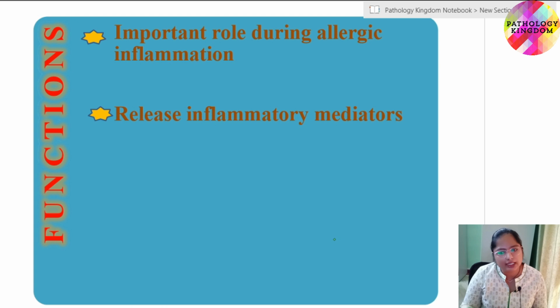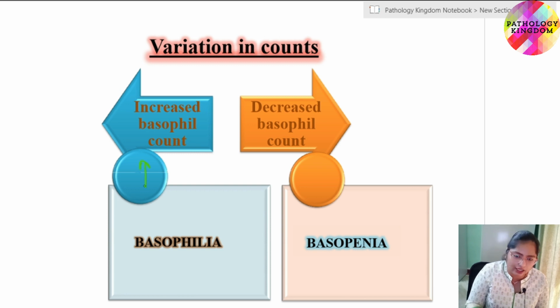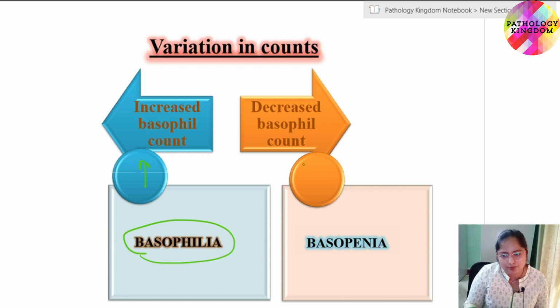Now, what are the functions of basophil? It also plays an important role during allergic inflammation. They are inflammatory mediators. They release inflammatory mediators. Variation in count, increased basophil count or decreased basophil count. Increased basophil count will be denoted as basophilia. Decreased basophil count is known as basopenia.